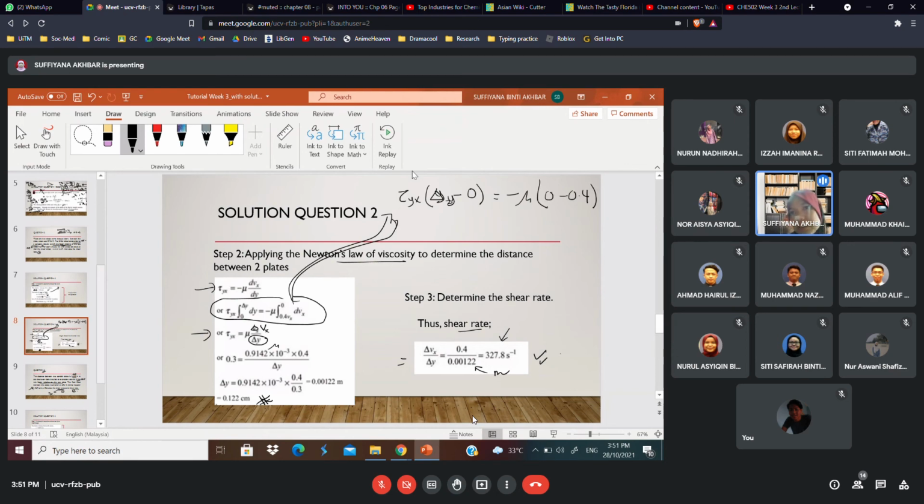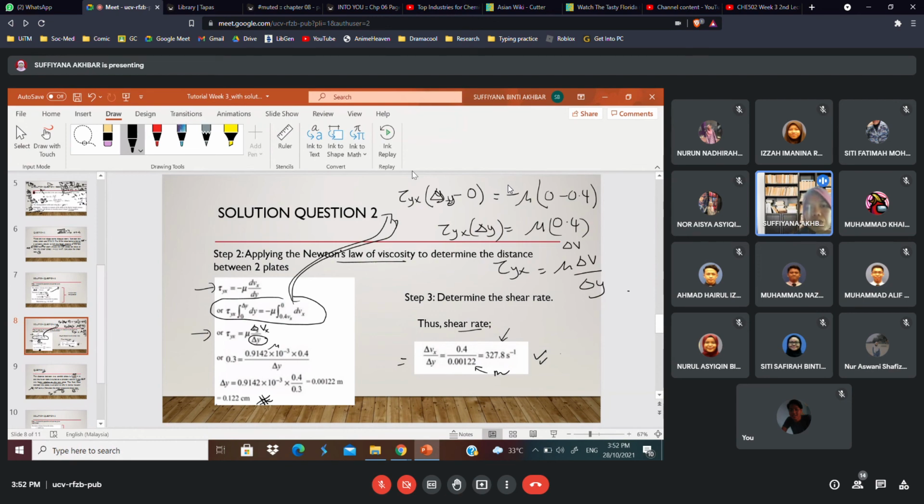So it becomes positive. Tau yx is delta v over delta y. So if you rearrange, 0.4 is delta v. That's why it's positive.